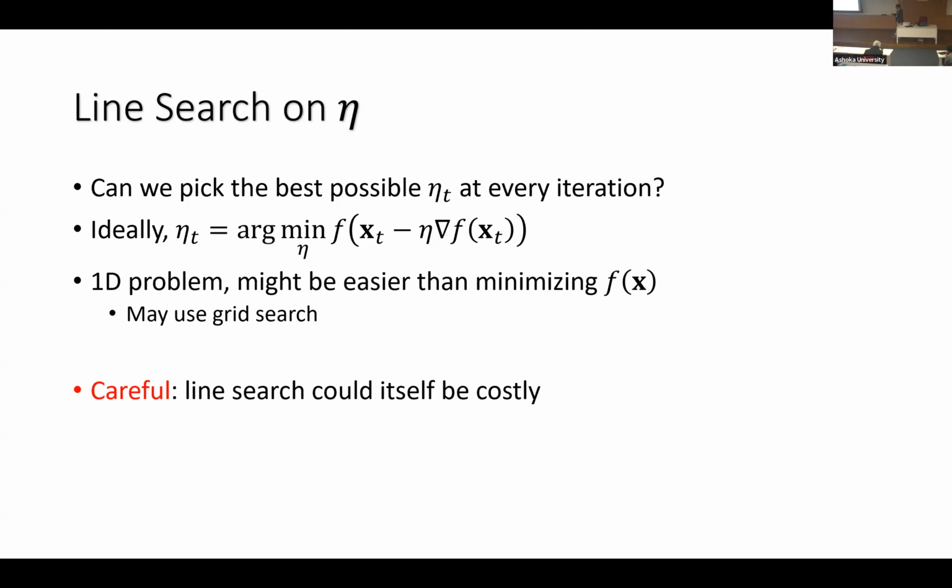But the downside here is that line search itself could be costly, because in each of these you need to calculate f for a particular value. Now at every iteration, instead of calculating f once, you are calculating it 5 times or 10 times. That is 10 times more complexity. So this will only work well when f can be calculated very easily.